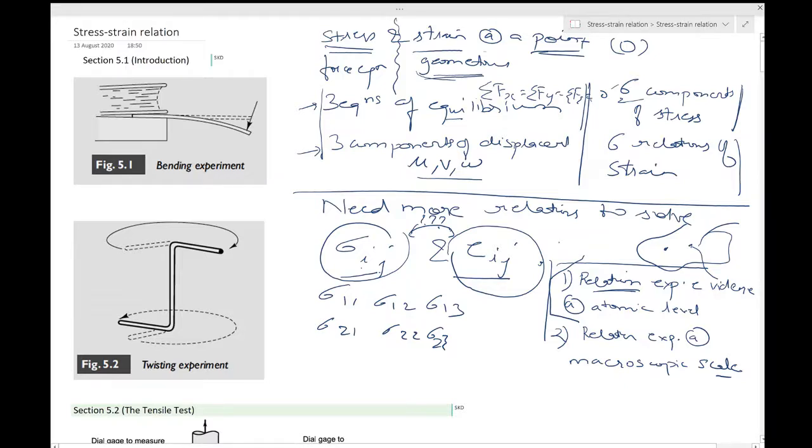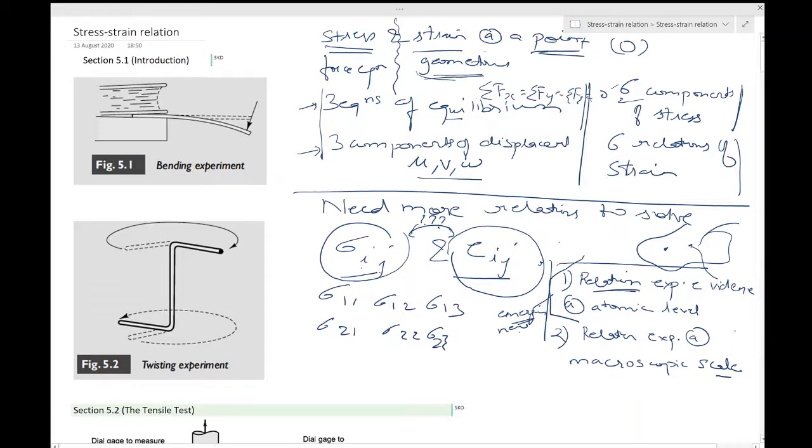In the sense, it's still an emerging area, a very new technology, and some of the PhD students at IIT Delhi are working on this. I mean, what is the relationship between stress and strain at the atomic level? So they conduct these simulations. Some of them try to do it through some indirect experiments, other ways, and then they try to find out these sort of things. So this is something which we want to ignore for this course.